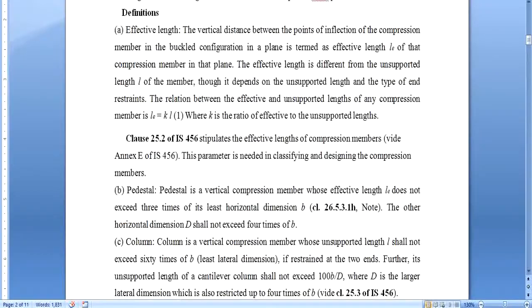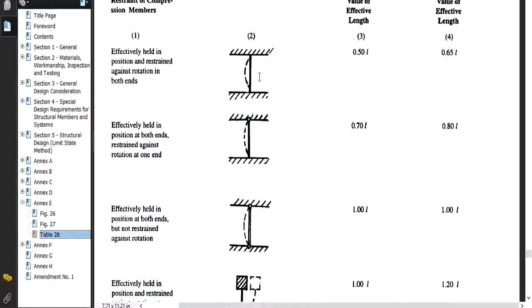The distance between these two points of inflection, you can see with the cursor from here to here. The top portion of the cursor, you can see it is in an I shape, from here to here, is called the effective length.